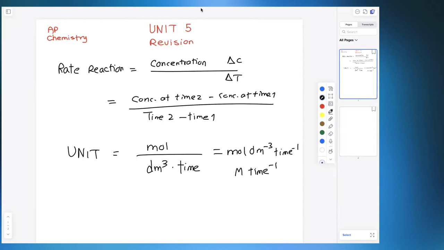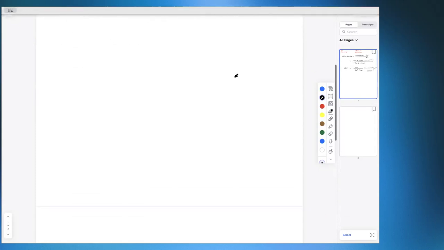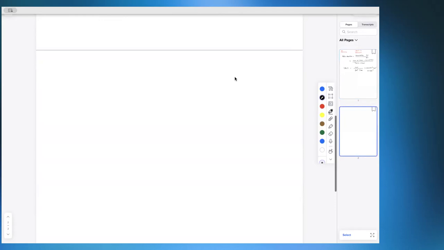The second thing that we need to revise after the main law is that the changes in the concentration of reactants are related by the reaction stoichiometry.